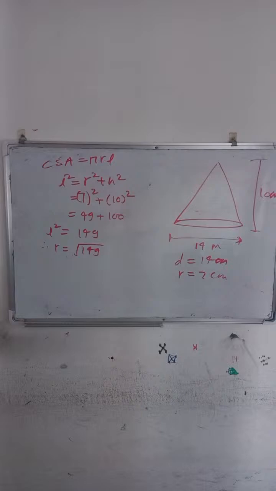Once you get R, then find out CSA. CSA you can find out as pi r L. Check how much is the answer. Pi r L, how much are you getting?